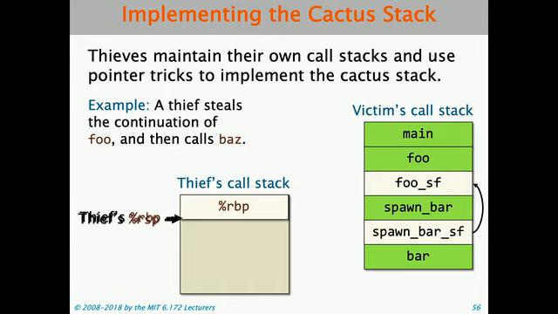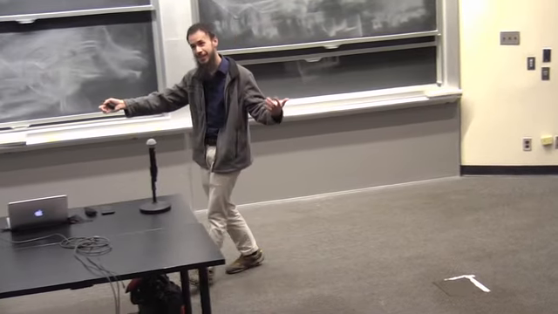It advances RSP. It sets RBP equal to RSP. It pushes the stack frame for baz onto the stack, and it advances RSP a little bit further. And just like that, the thief is churning away on its own stack. So just with this magic of RBP pointing there and RSP pointing here, we get our cactus stack.